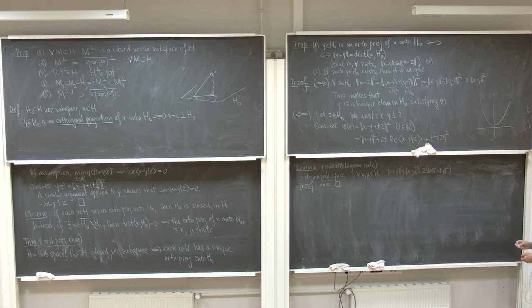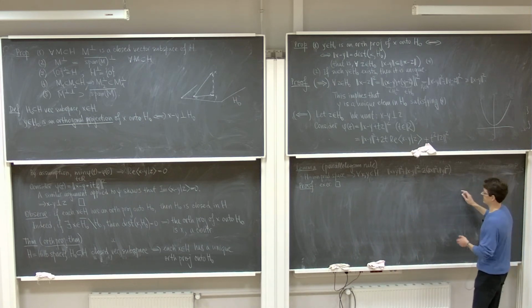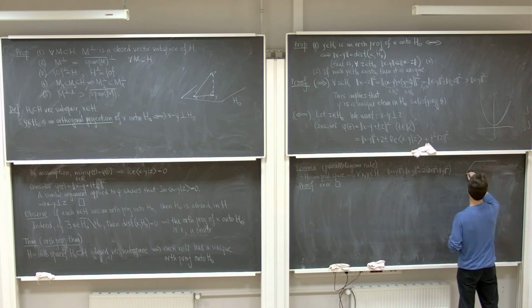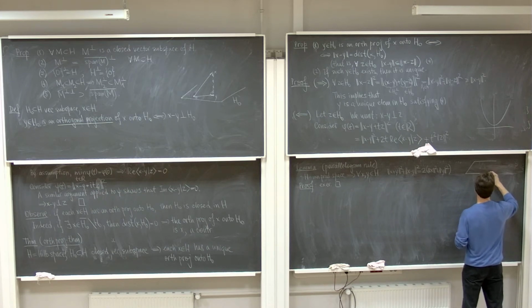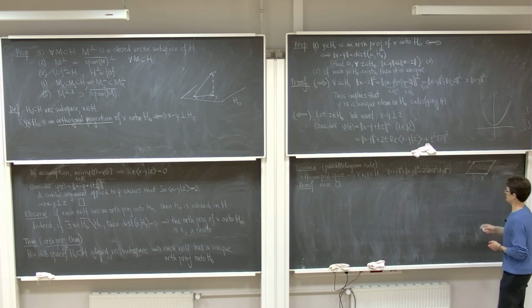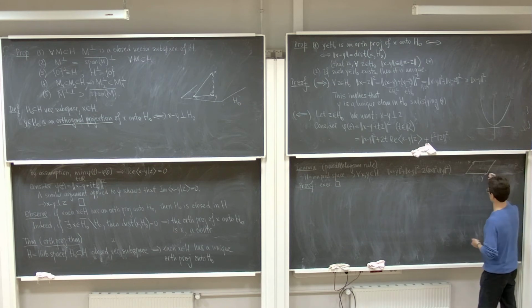Why is it called the parallelogram rule? Well, a geometric meaning is more or less clear. So if we look at the following picture, this is x and this is y, we can look at the respective parallelogram.